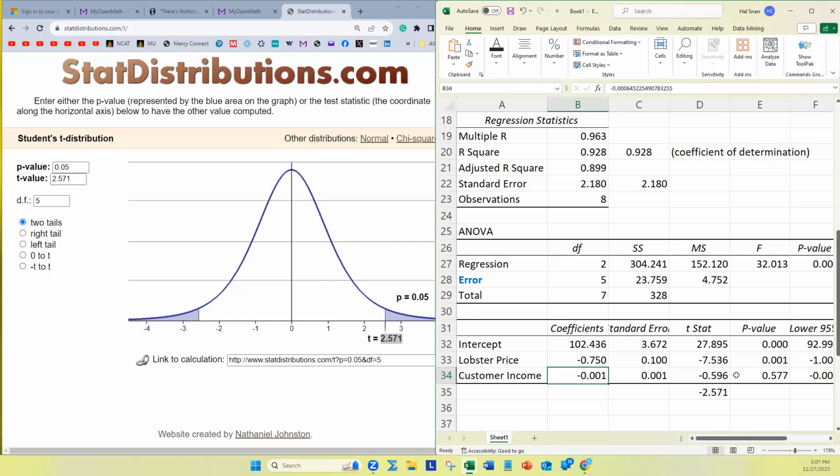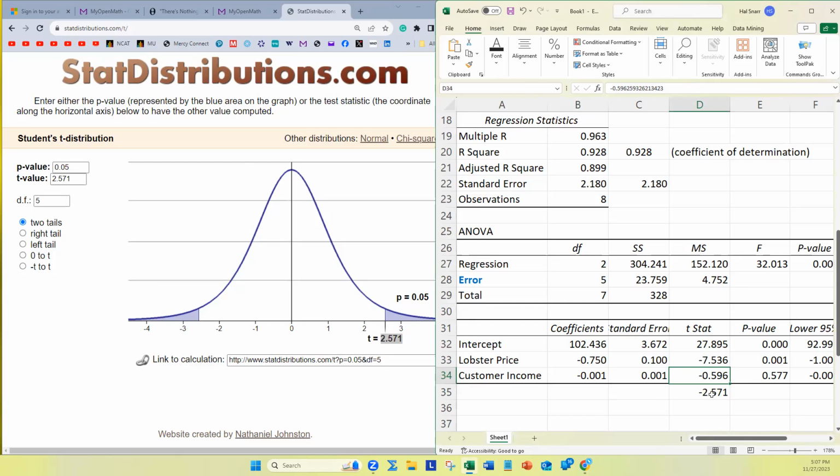And the difference between negative 0.001 and 0, there's a difference. But that difference is insignificant because the test statistic is under the white area, not under the blue significance area, right? So this suggests that the null hypothesis is true, right?